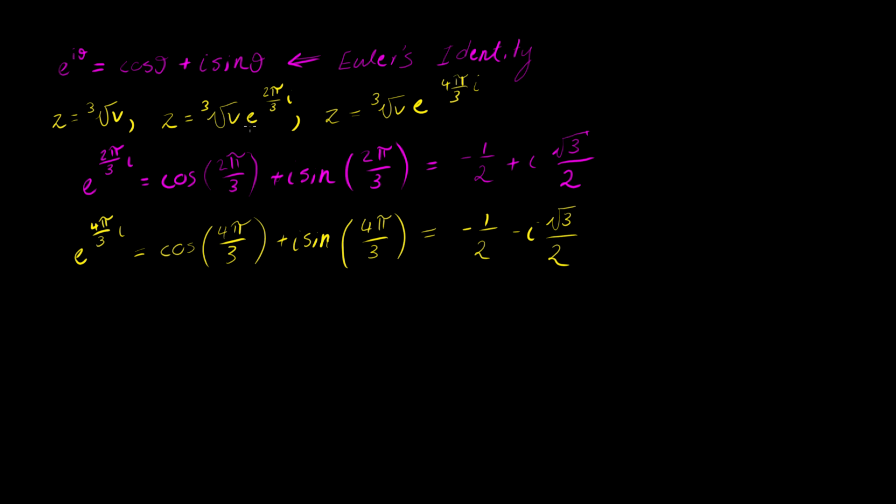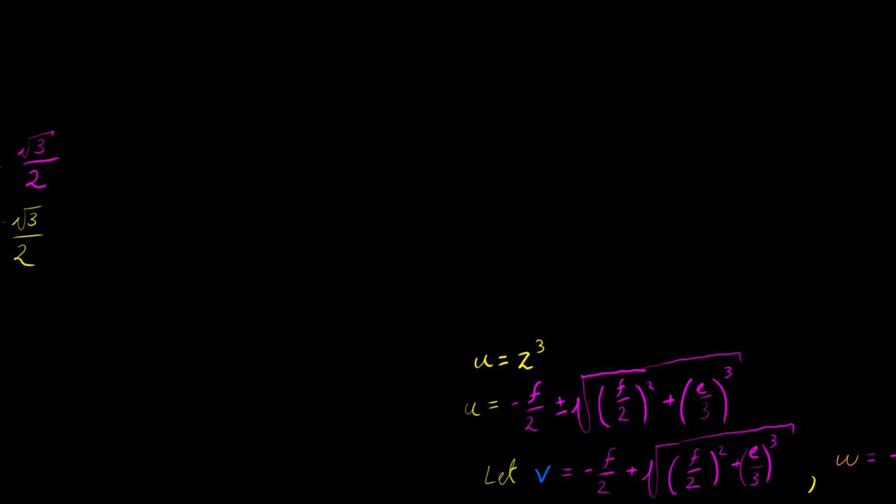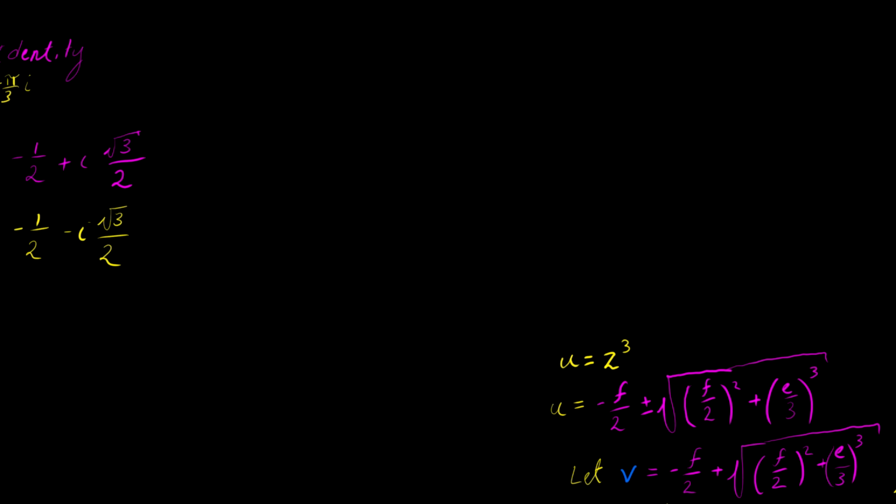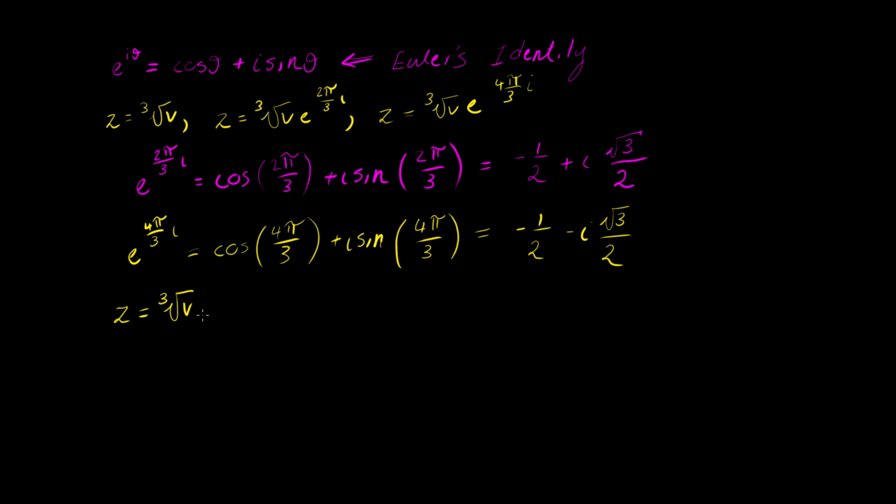And so now we can just plug these directly back into our possible values of z. So we're going to get z is equal to the cube root of v. V is just one of the solutions for u. And we have z is equal to the cube root of v times our e to the 2 pi over 3i, which we figured out was just negative 1/2 plus I roots of 3 over 2.